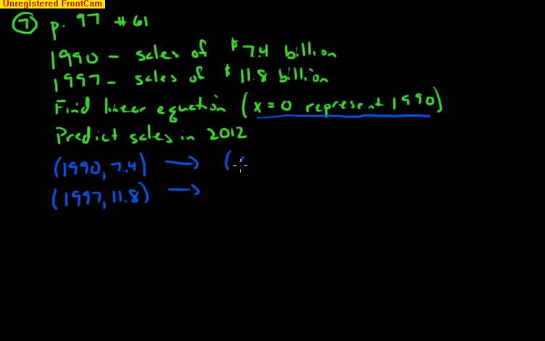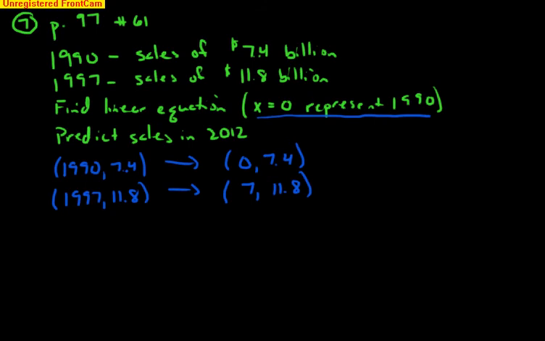So we're going to transform these points to some smaller numbers. 1990 is represented by an x coordinate of 0. So we're going to change this point to 0, 7.4. And then that would mean that 1997 is 7 away from 1990. So that means that the x coordinate would be 7 and 11.8. So here are the 2 points we're going to use in the slope formula.